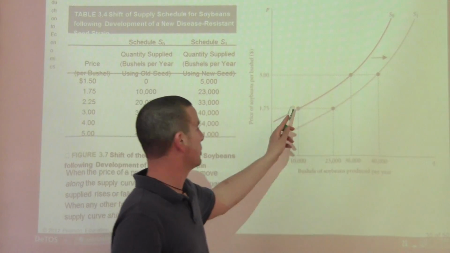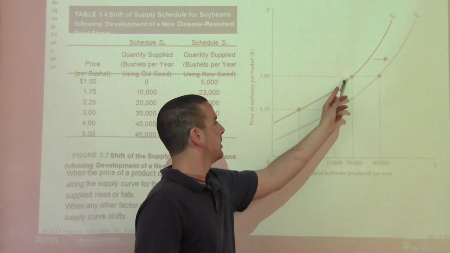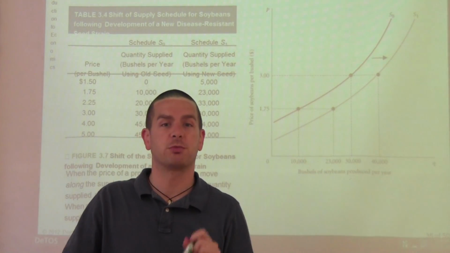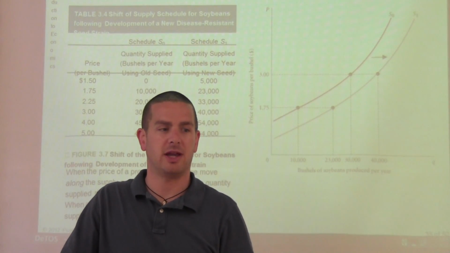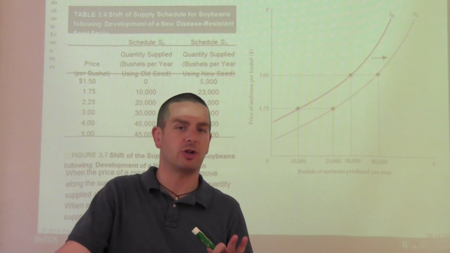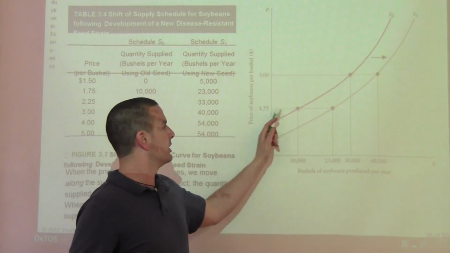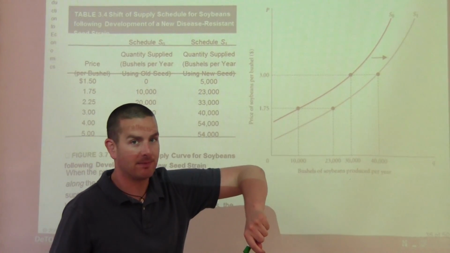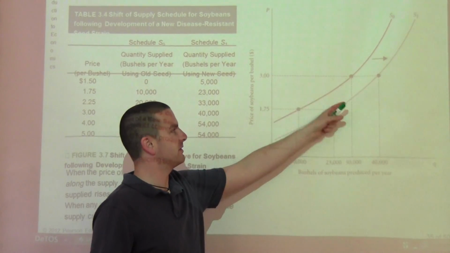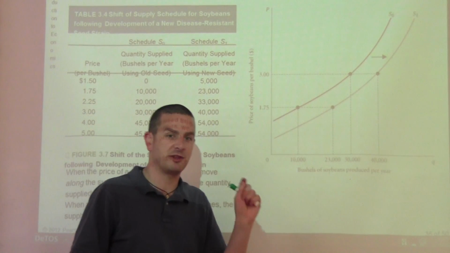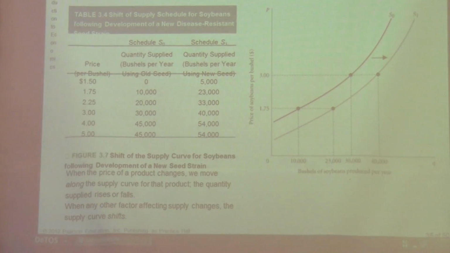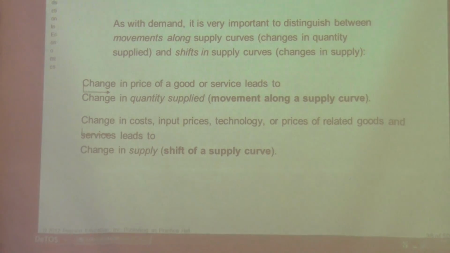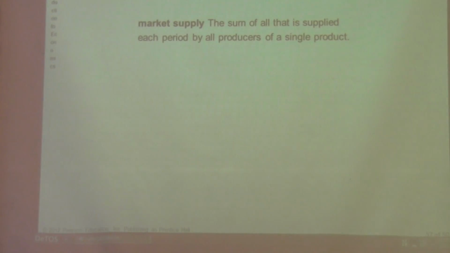On the other hand, if anything else changes, anything affecting your cost of production, that will change your supply, which means you will shift your curve. And that's exactly what this slide number 36 says.